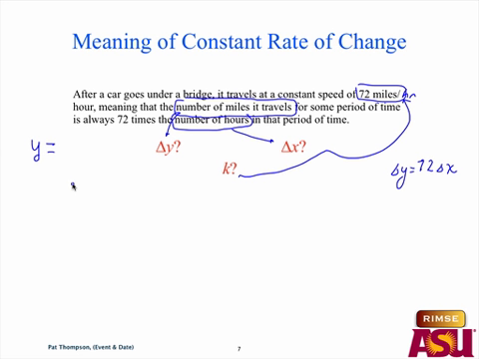It's not an initial. It's a changing quantity too. Okay, so what is that quantity y? Yeah. Number of miles traveled. Total number of miles traveled. So we need like a reference point. We need like a starting point. So like since the bridge, right? So this would be like total number of miles traveled since the bridge.